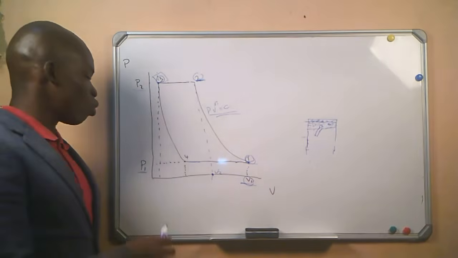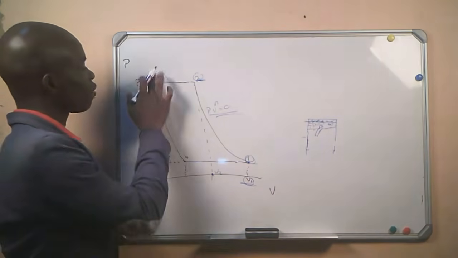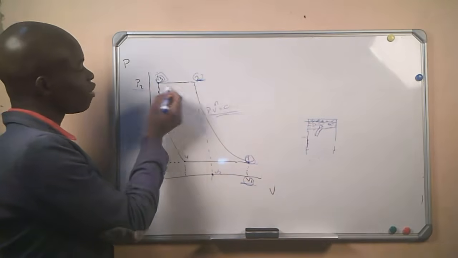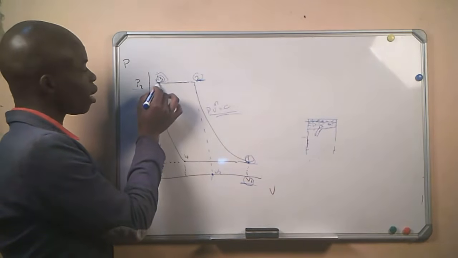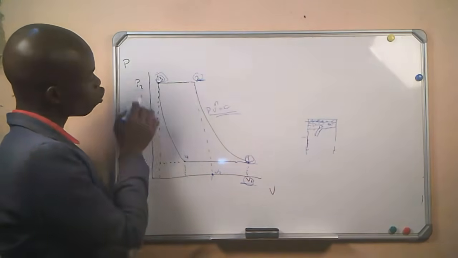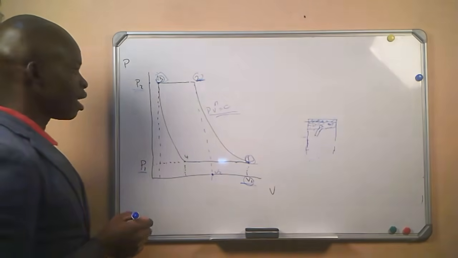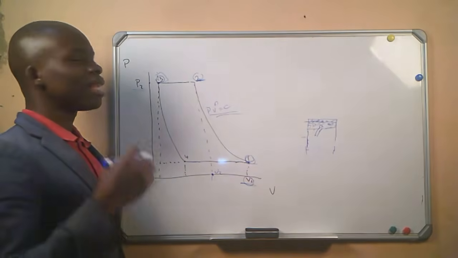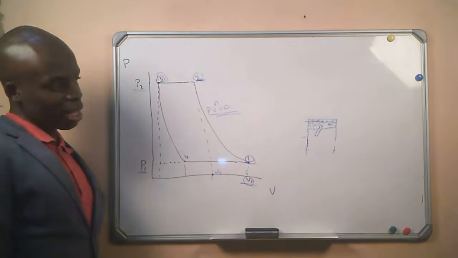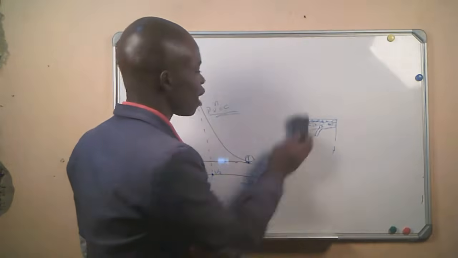But if you look at the graph, the air that we are delivering will end at this point and will not touch our Cartesian plane, meaning there will still be some air left in the cylinder.